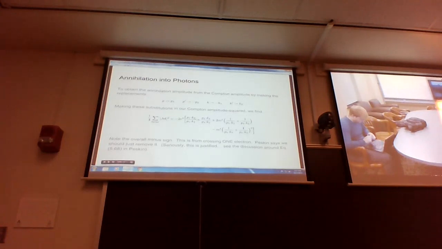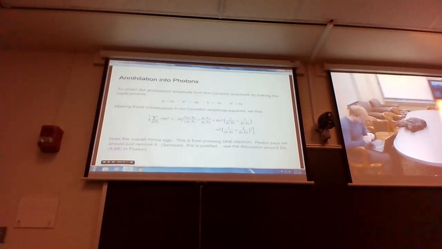One thing we haven't seen yet is that s is always positive and t and u are always negative. So in the massless limit, you drop these terms, you see this thing, which is positive definite, and you get this minus sign out here.